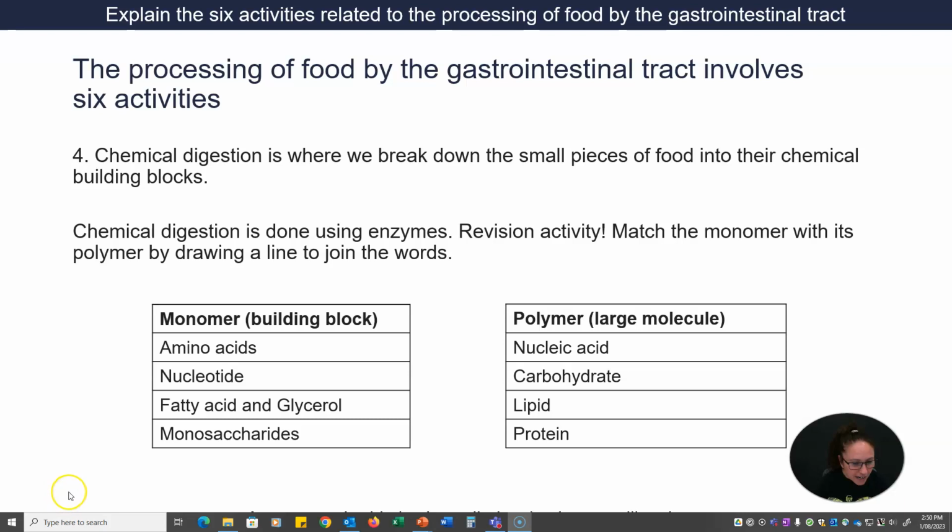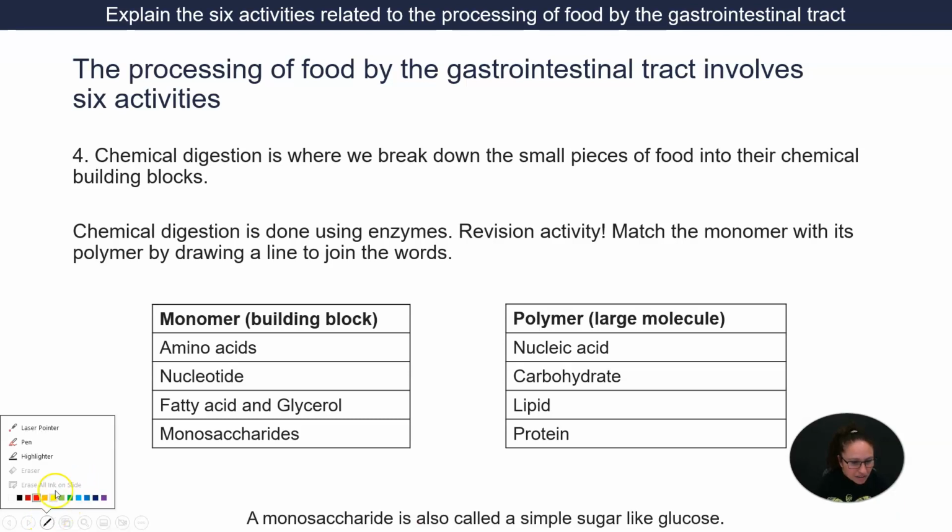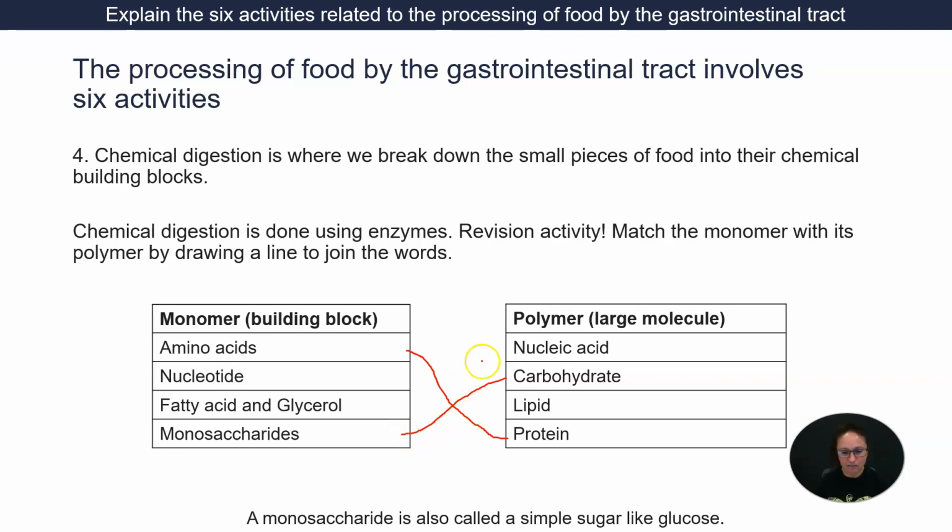Let's do one now to show you what I mean. We know that proteins are made up of amino acids, okay? And we know that carbohydrates are made up of monosaccharides. So I want you to go back to your 165 notes and finish off this revision activity for me.